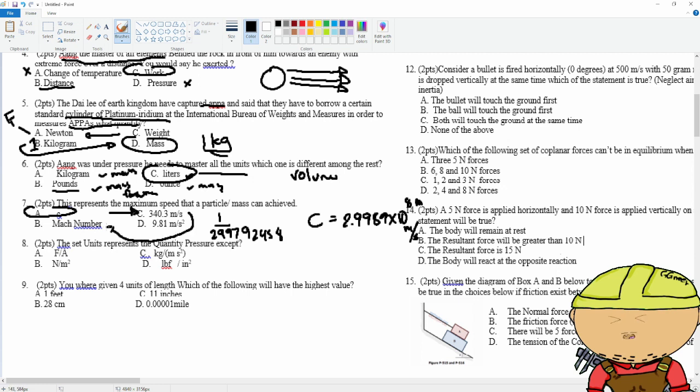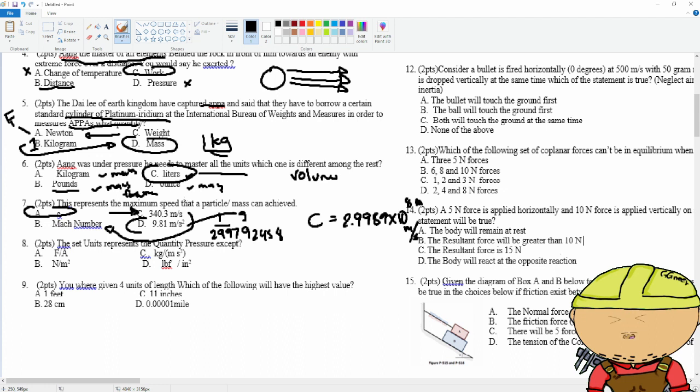This is the speed of sound. And letter D is acceleration due to gravity. It is said that the speed of light is the maximum speed that a particle of mass could achieve. Then it turns into energy.